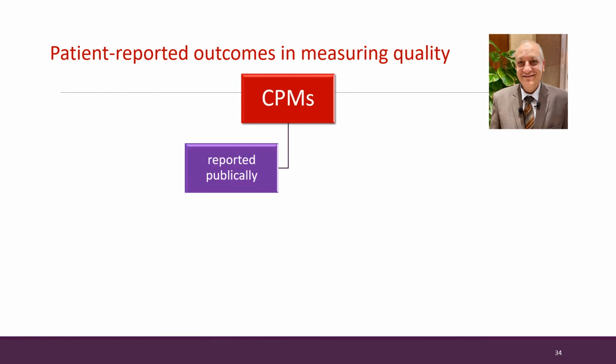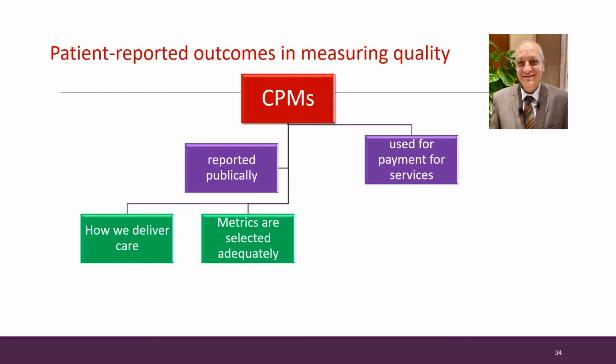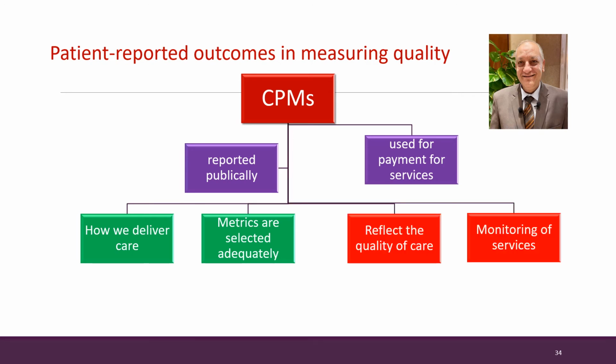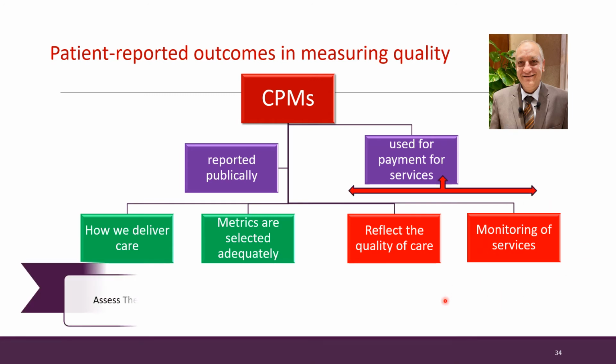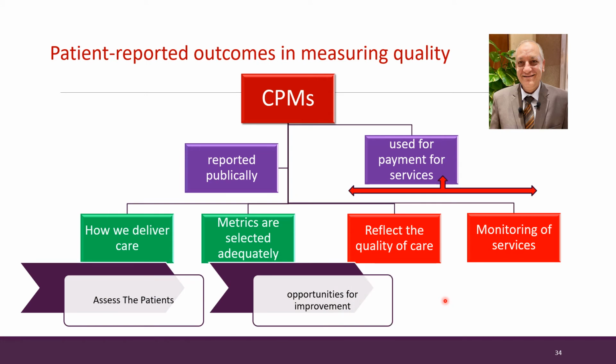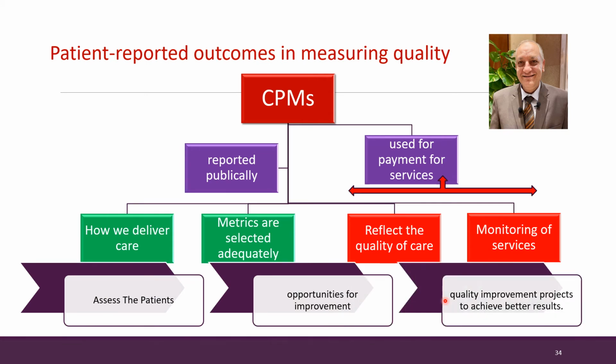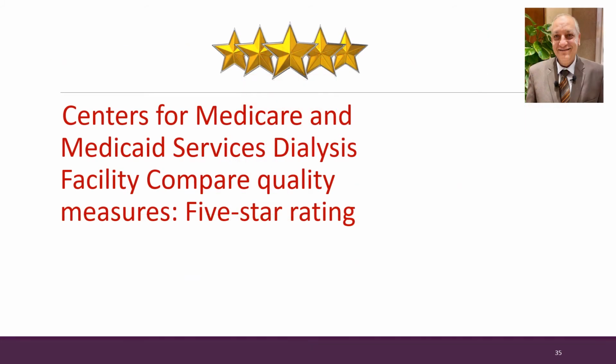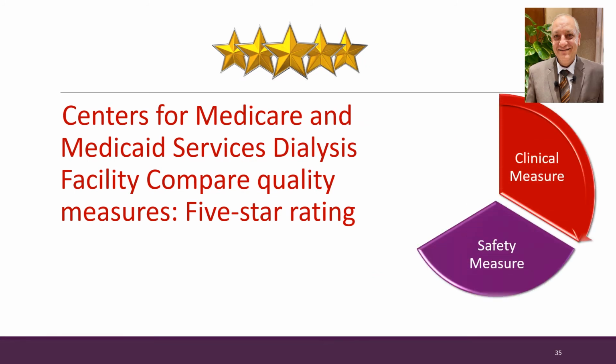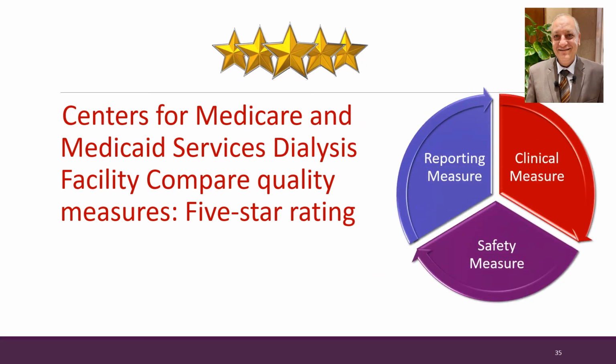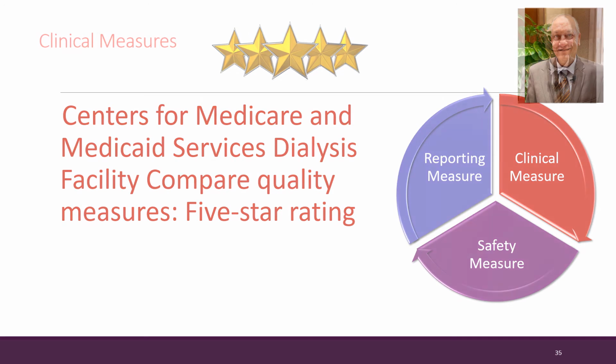The patient reported outcome could be reported publicly, and it is mainly related to the quality of care and how we can monitor the service. So assessing the patient, opportunities for improvement, and the quality improving project to achieve the better result. That's the 5-star centers with different reporting, clinical, and safety measures.